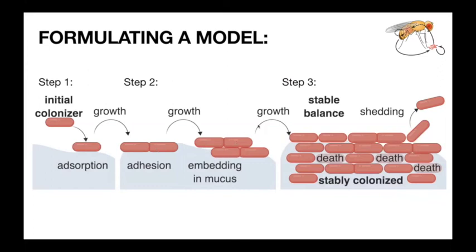And then if they do so, then there's this stochastic growth problem of colonization from low initial abundance. The pioneer species comes in, and it has to balance the growth and the death rates, which are both also stochastic. And so it might go extinct, or it might form a stable colony, and then you have a stably colonized fly.